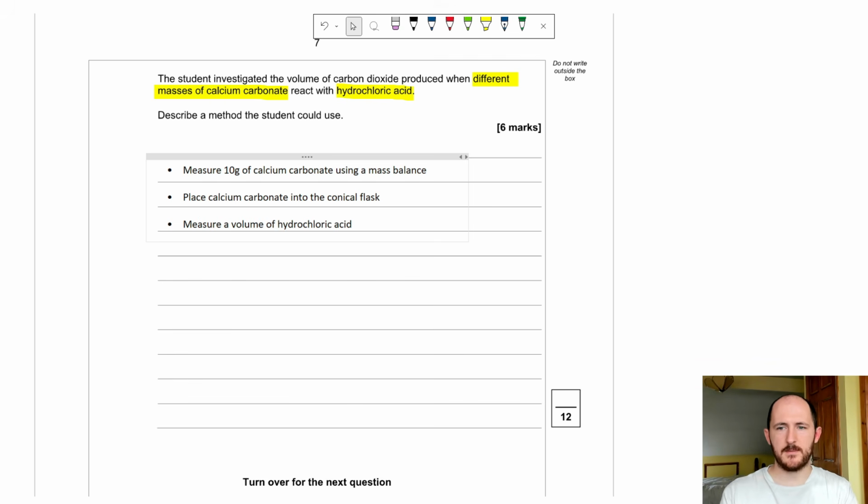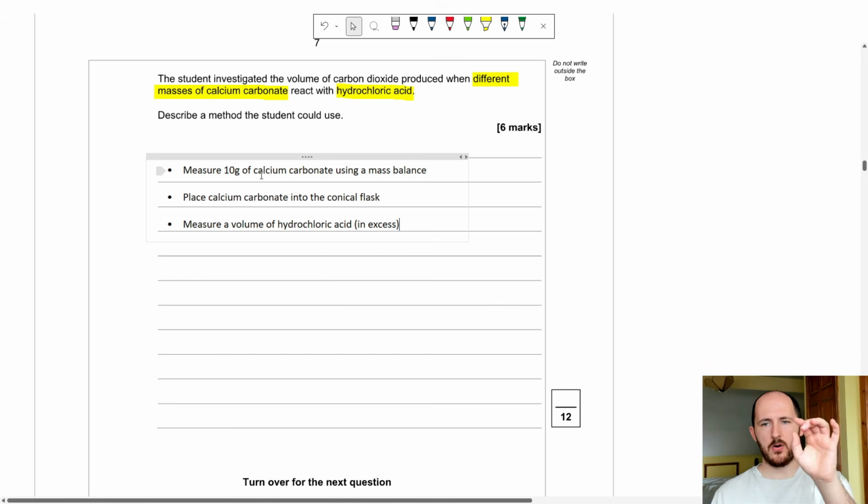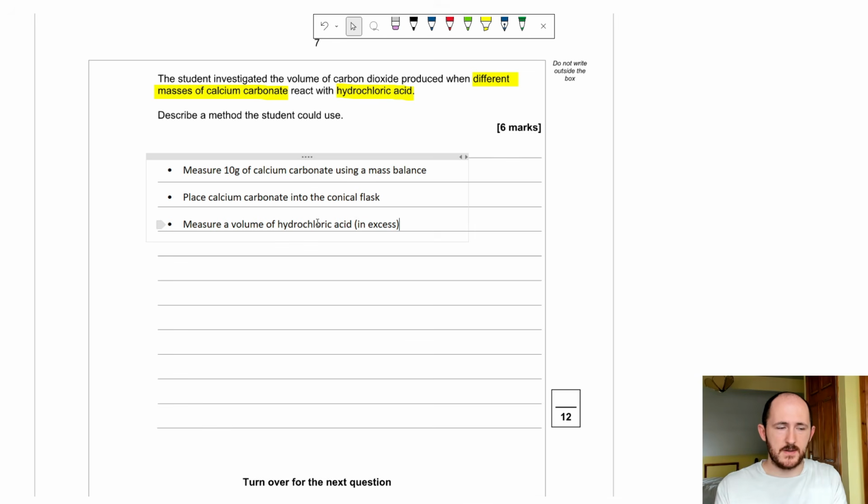Again, this can be anything, but we want it to be in excess. The reason why I say that is what we don't want happening is not all of the calcium carbonate reacts with hydrochloric acid, because then we've added another variable. We've got some leftover calcium carbonate that hasn't produced CO2, so that's going to skew our results a bit. So we want to make sure it's a lot. You can state something for this, like 50 centimeters cubed or something crazy.